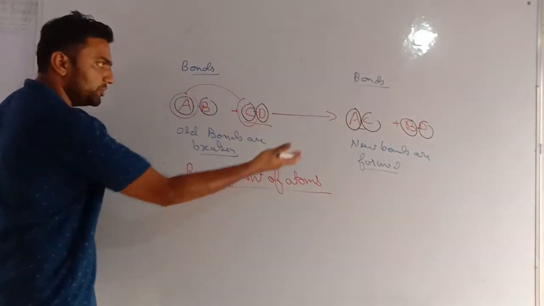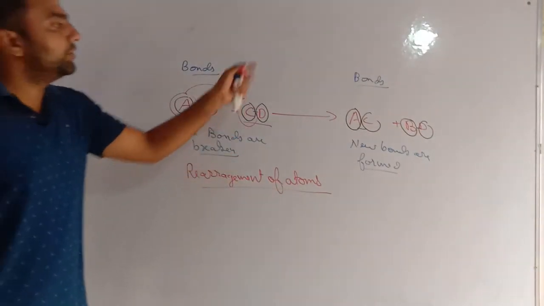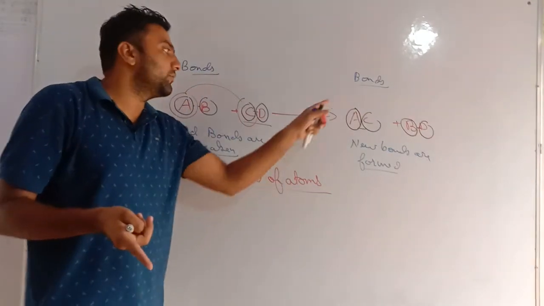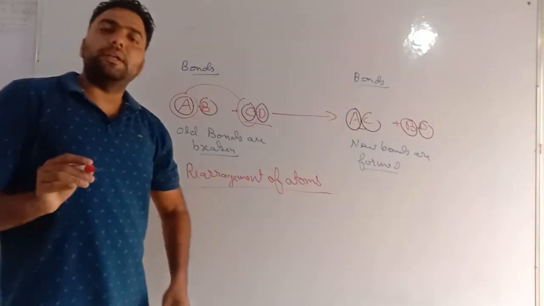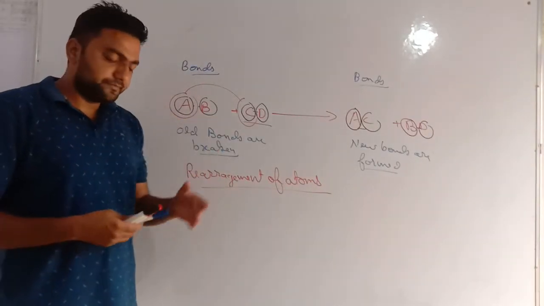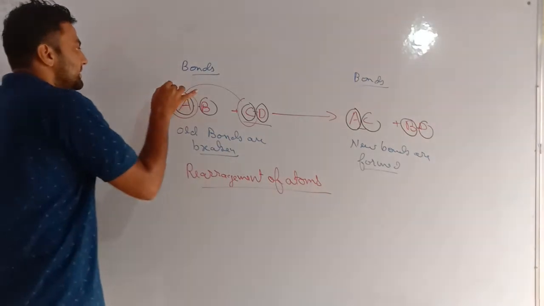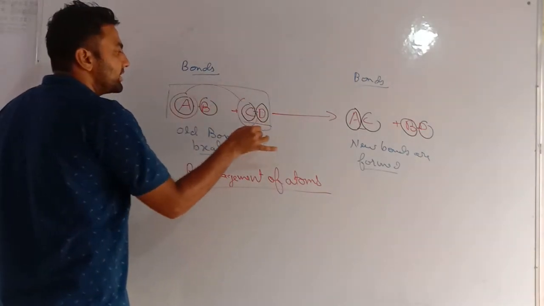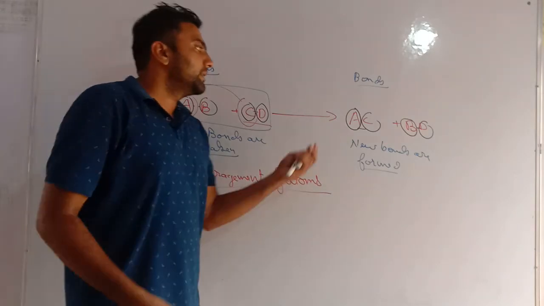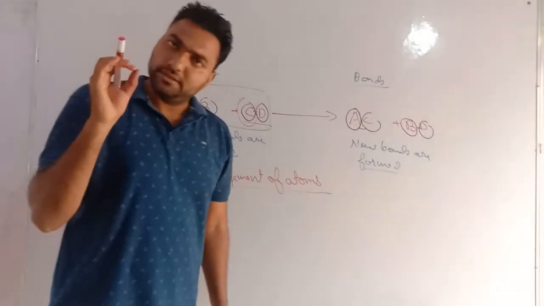They have changed their positions, because of which we have got a new material with different atomic positions and different bonds. So what is a chemical reaction? A chemical reaction is a process in which we get a new substance. The substances taking part in a reaction are known as reactants, and after the reaction the substances which you get are products.